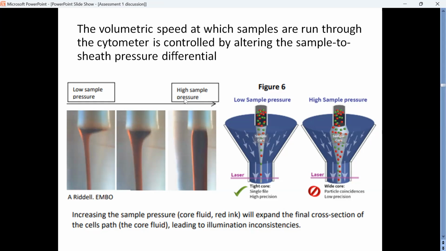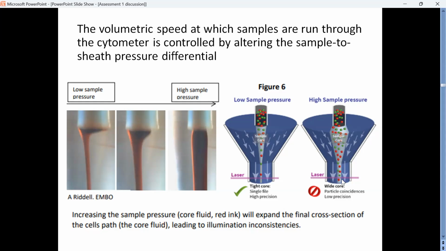So when you increase the sample pressure, the sample core thickness increases, and there is an increased chance of 2 or 3 cells going at a time, as compared to the single file pattern you get with a low sample pressure, which is desired.